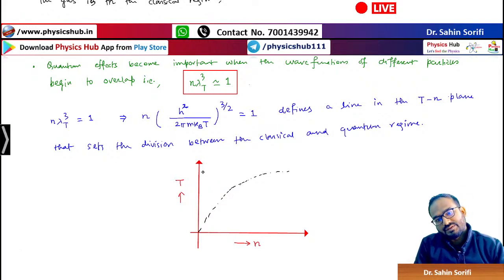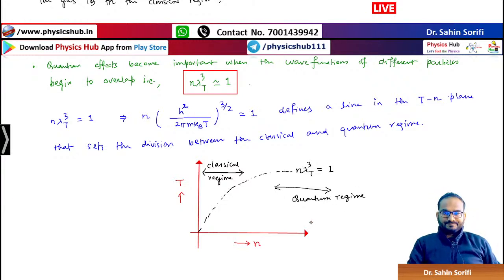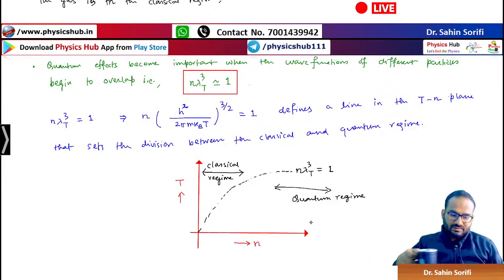The region where n lambda T cubed is much less than 1 is the classical region. And as you go here, n lambda T cubed becomes approximately 1, so this region is turning into quantum. Okay. Did I understand or not?